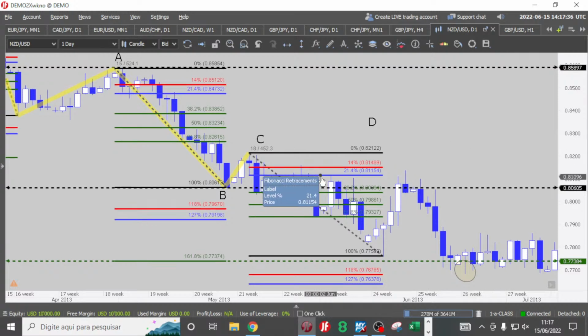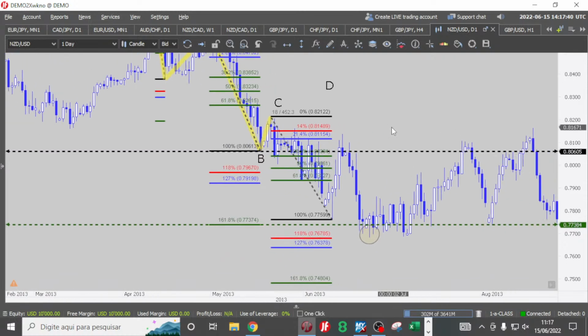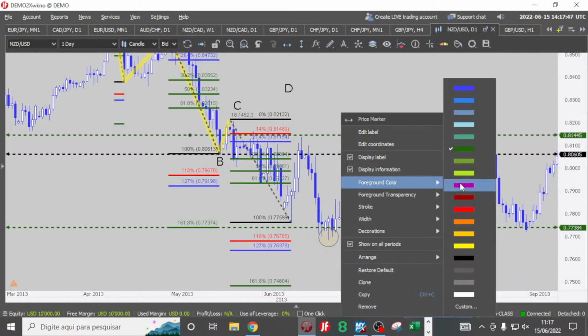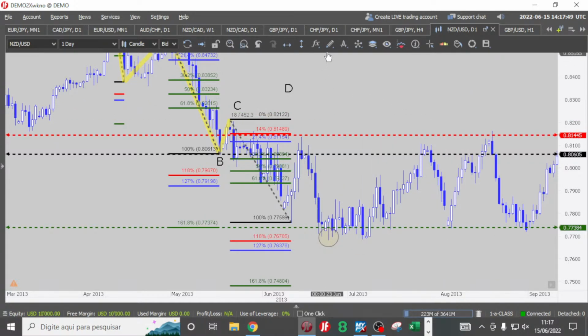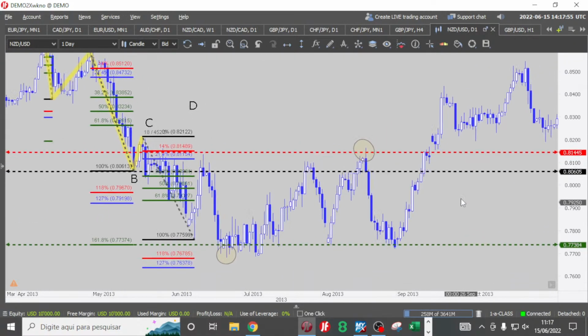Make sense? Why? Because if you put your Fibonacci like this, then you would see that blue or even red up in here, the market hit the red, you know, and your extension, and then the market of course broke.